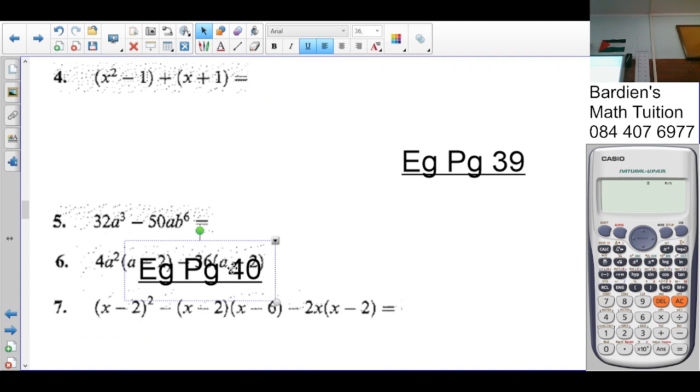Looking at number 4, what is common here? Are we on page 39 or page 14? Okay, so what are we going to do in this sum?